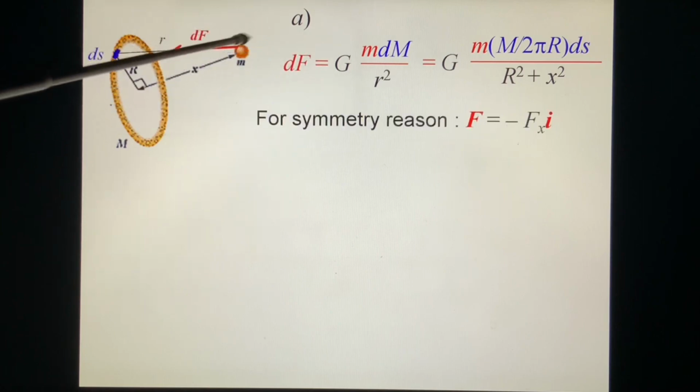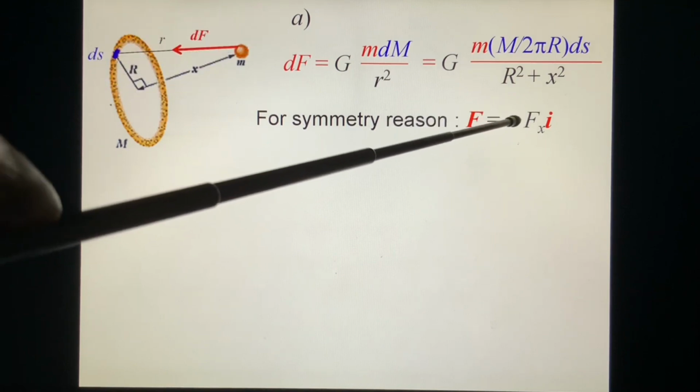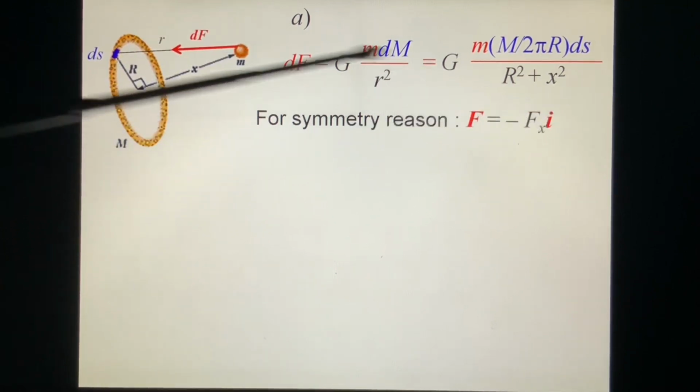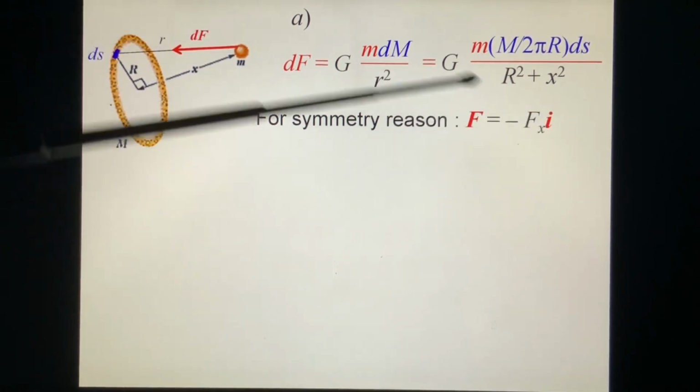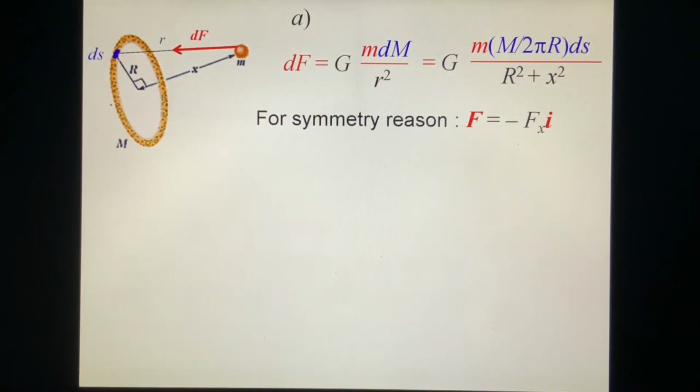This x is towards the ring, so there is a minus sign. The i is the positive direction along x, and minus i goes in this direction, right? So we call it Fx. Suppose this angle is alpha. We know cosine alpha is x over r, right?